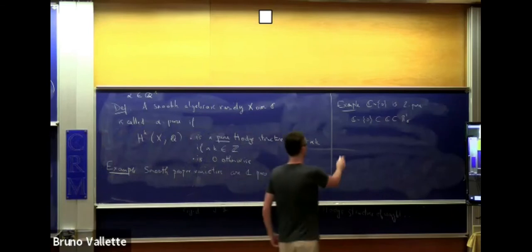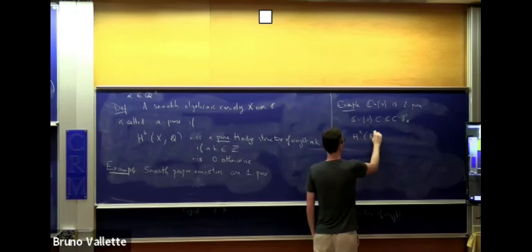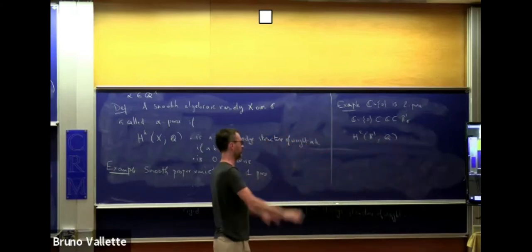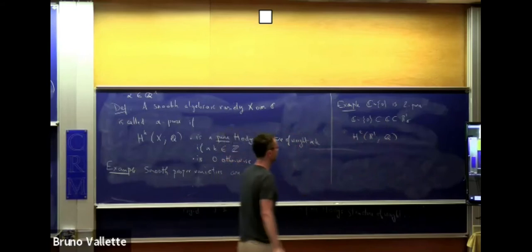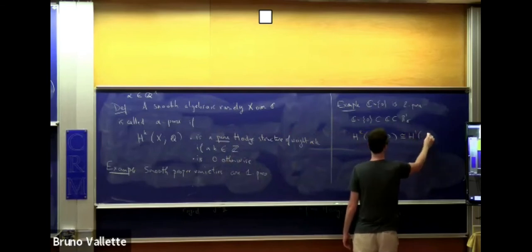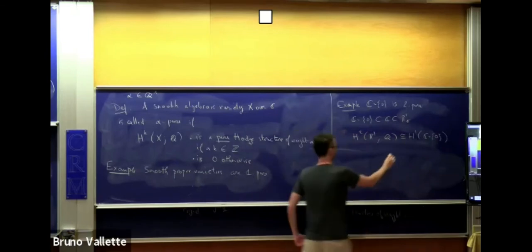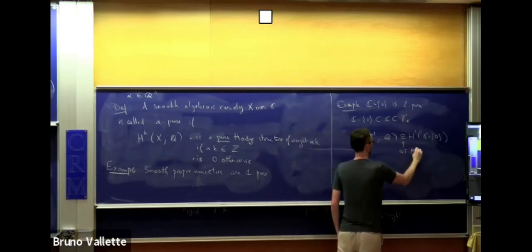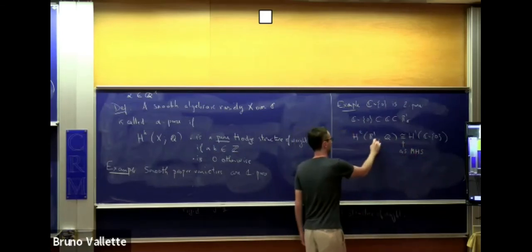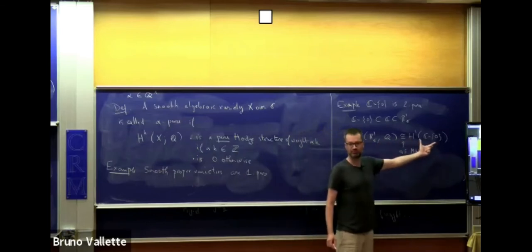So the second cohomology group of P1 is identified with the first cohomology group of C minus the origin, as mixed Hodge structures. And because P1 is proper, this is pure of weight 2.